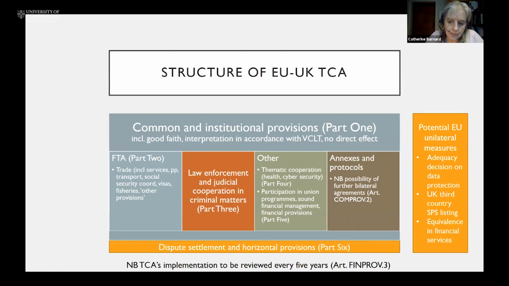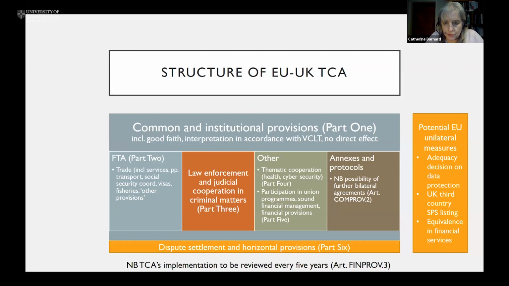And then by far the largest part of the treaty is the section on annexes and protocols. The text itself is about 1,400 pages. 400 of those contain those substantive elements I've been talking about. Annexes and protocols are the remaining chunk. And the annexes and protocols is where a lot of the detail is. And as always, the devil is there.